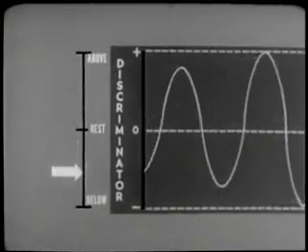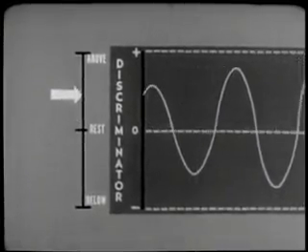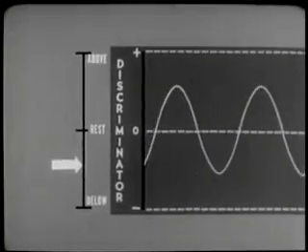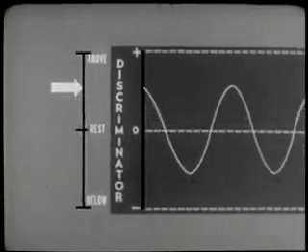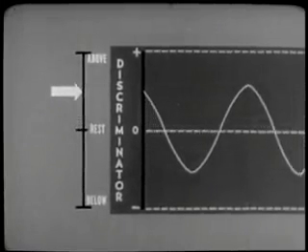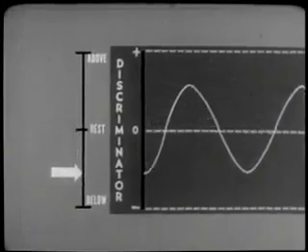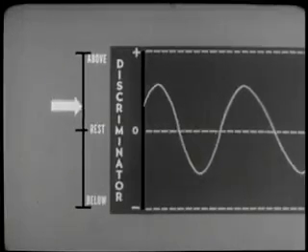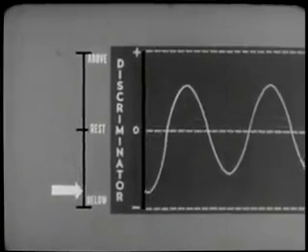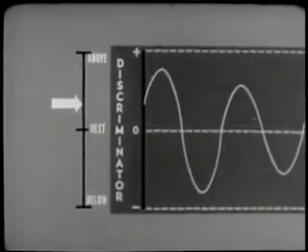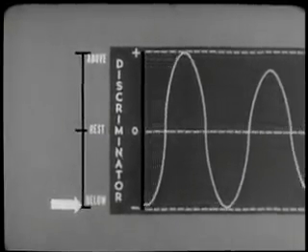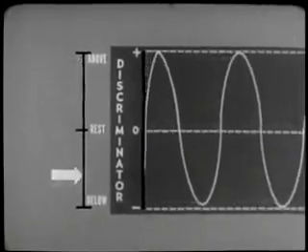Thus, the audio signal's two characteristics, its amplitude and its frequency, are an accurate reflection of the carrier's amount of deviation and rate of deviation. In this way, we have transformed an RF carrier's frequency variations back into an audio frequency signal.